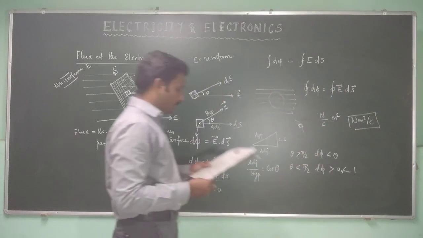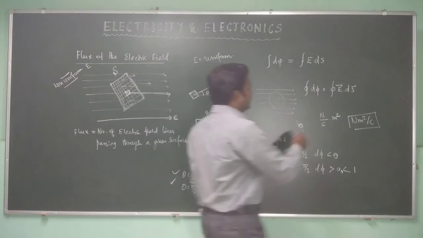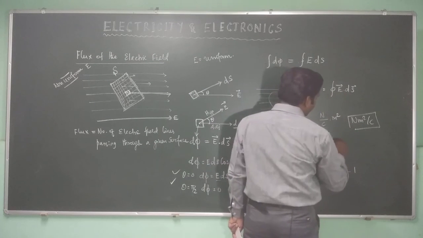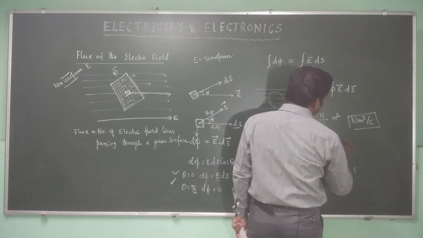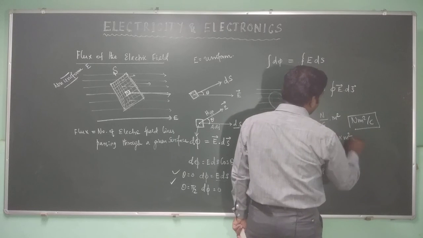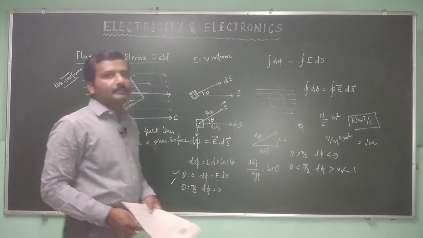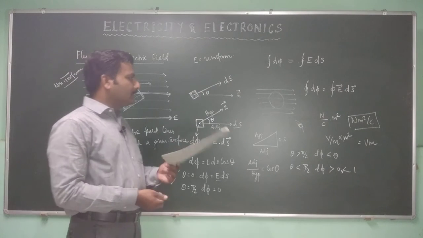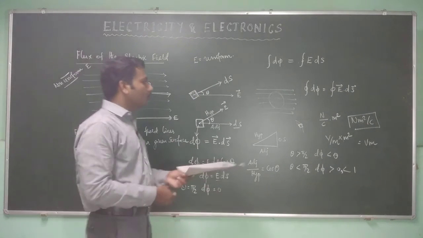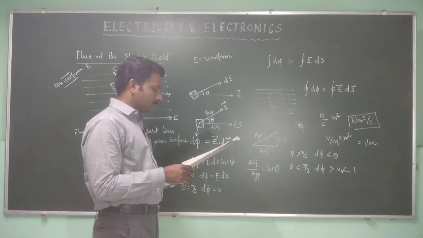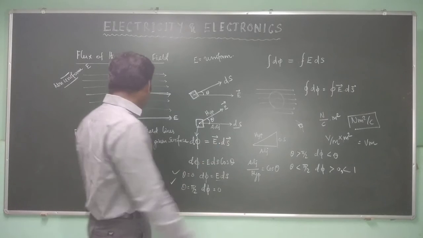That is what you can write. Or earlier, for E we can write volt per meter. If you rewrite this, volt per meter into meter square will be volt meter. The unit of the electric flux will be Newton meter square by Coulomb or volt meter, you can write.